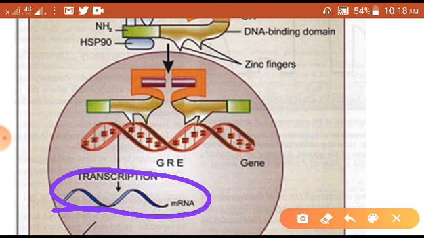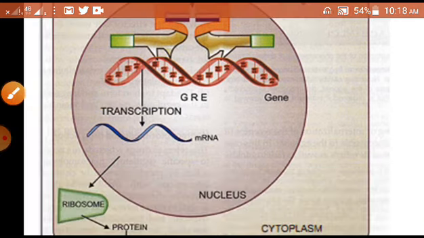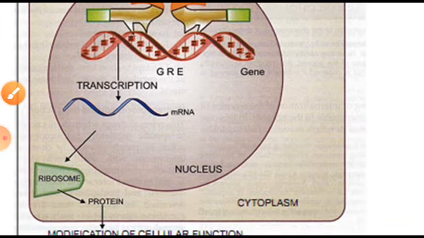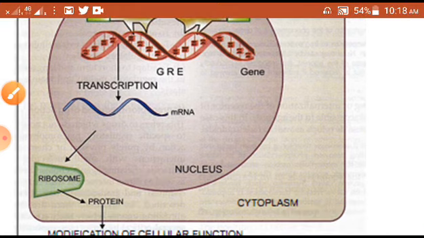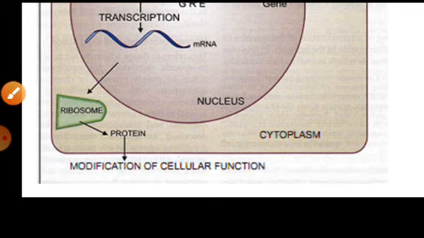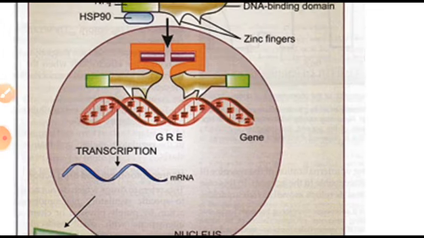Because once the glucocorticoid receptor is activated, the receptor came and bound with the DNA, and the new mRNA has been formed. This new mRNA will have the new information, and then it will go to the ribosome and make the proteins by the protein synthesis process, right? And these various proteins will perform the various modified cellular functions.